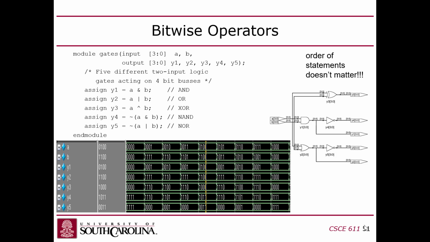The first is that the size goes before the name. So input [3:0] A means A is a 4-bit signal. And also, for whatever reason, I've never been able to figure this out, but you have to give it the range 3:0, which means I want to create a 4-bit input A, 3:0.